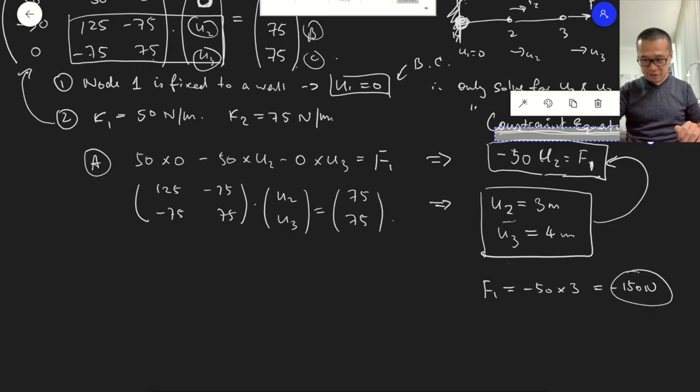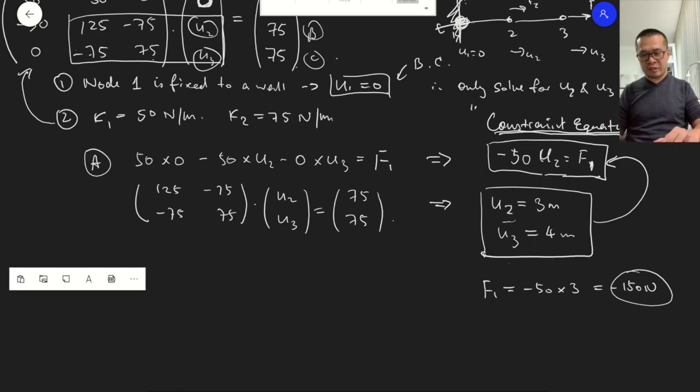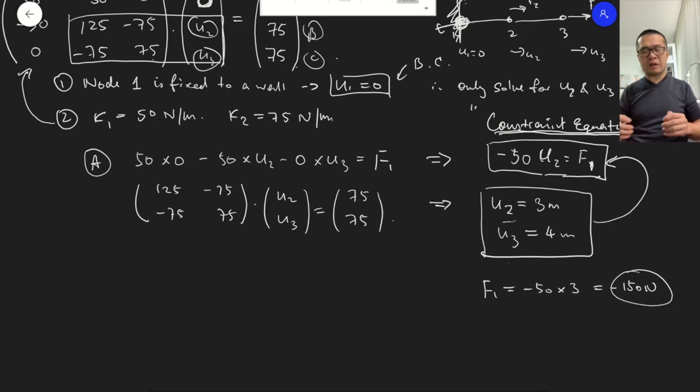So what's the force actually holding this node 1 in position? So now we show that with boundary conditions given, we'll be able to start solving the stiffness equations for a finite element analysis.